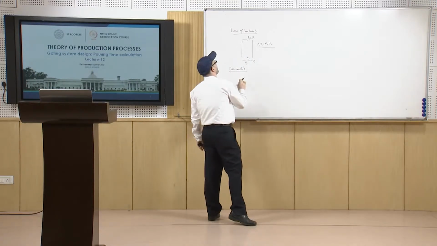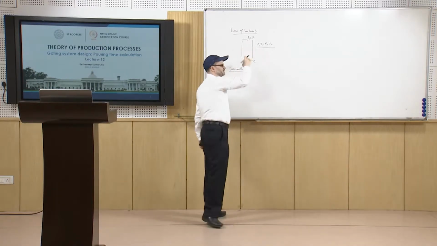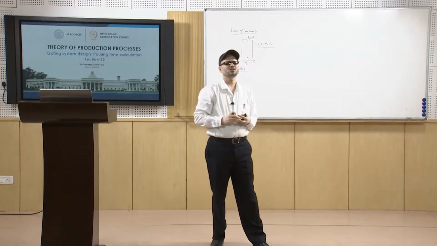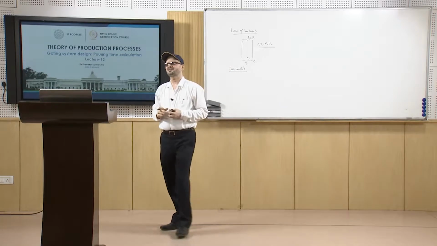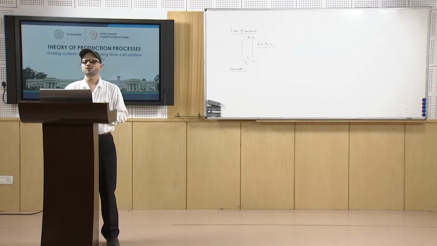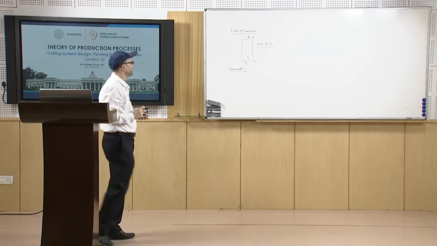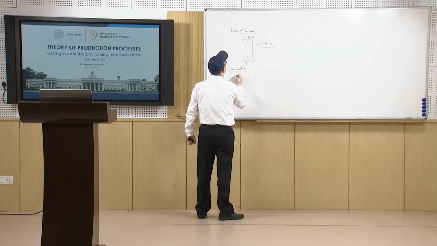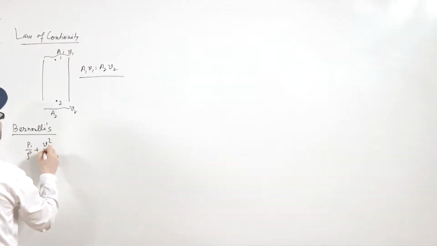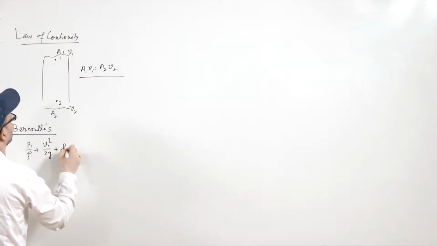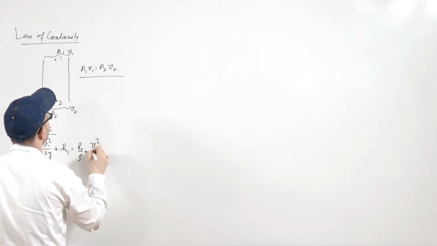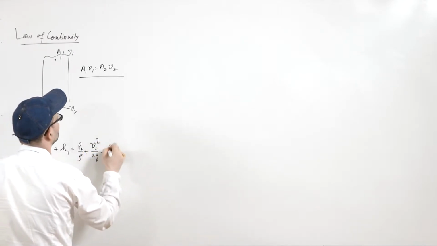At these two places, Bernoulli's equation tells us that this energy will be constant. That is, P1 by rho plus V1 square by 2g plus H1 equals P2 by rho plus V2 square by 2g plus H2.